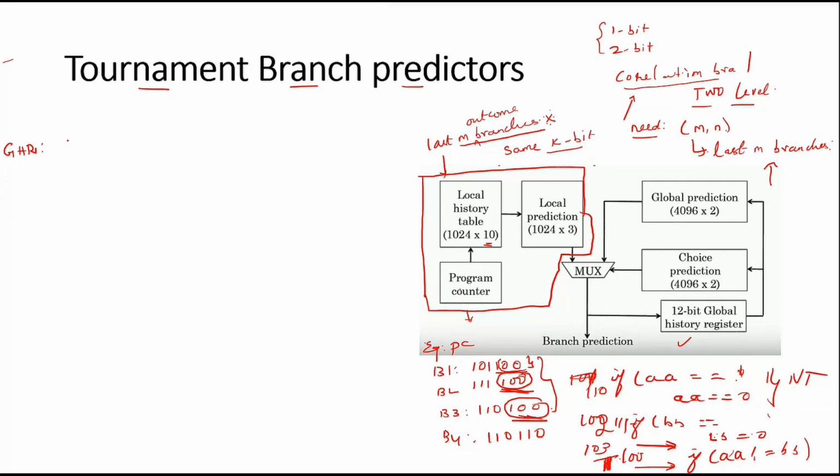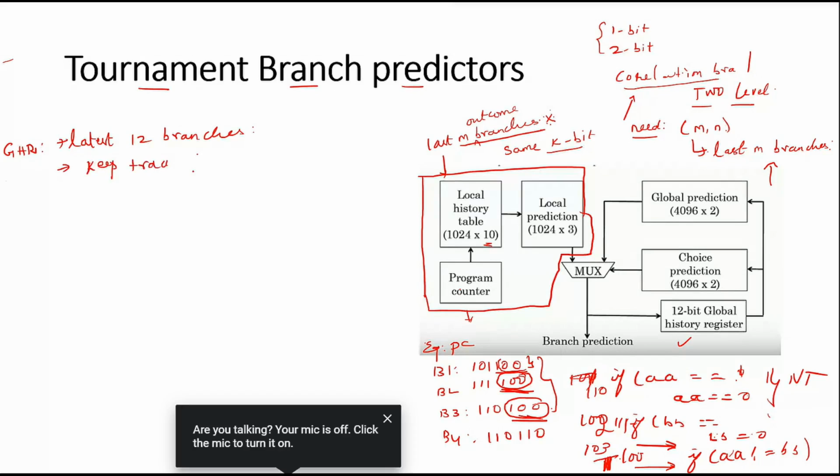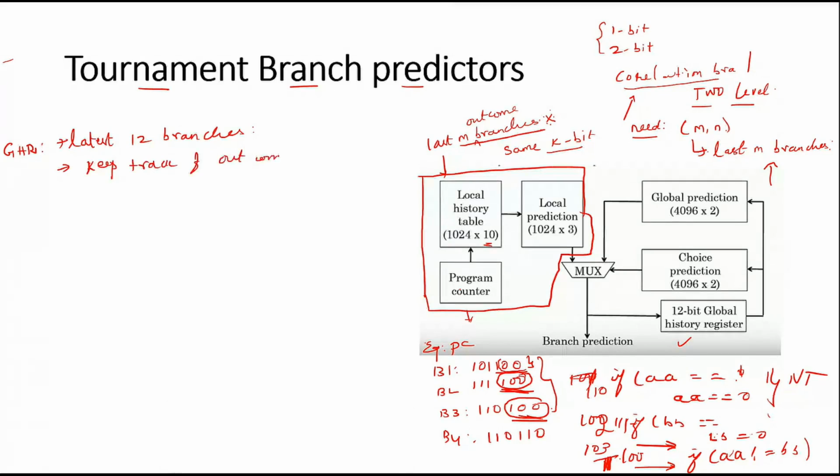The global history register may contain the latest 12 branches. It keeps track of the outcome of a few branches.